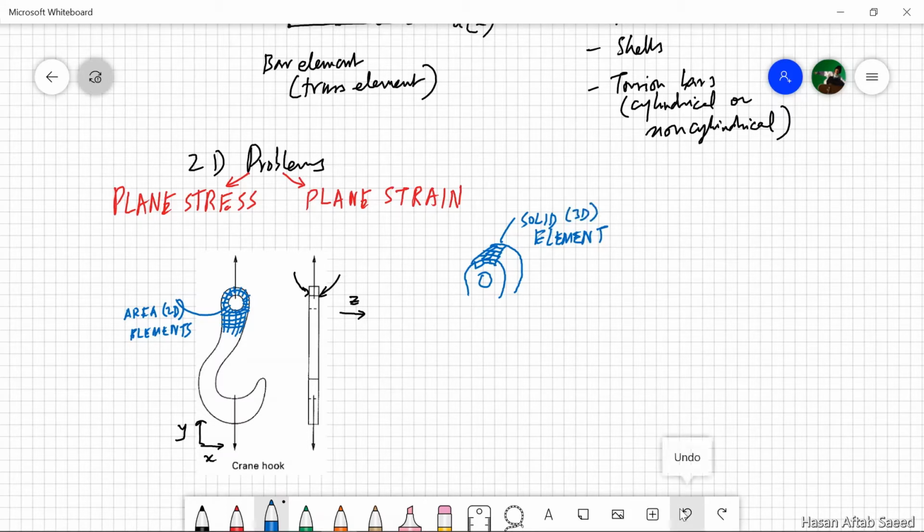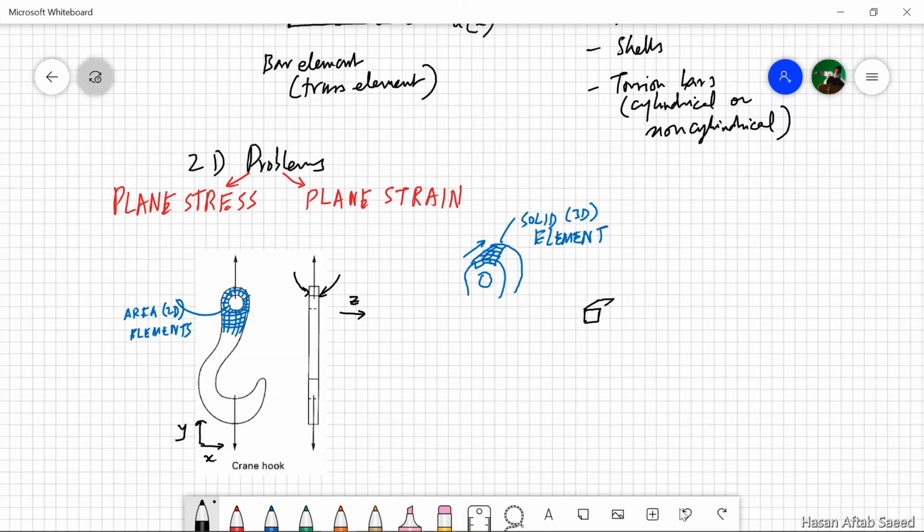Now, furthermore, you would have needed some 3 or 4 elements in this direction, at least, because there's something called aspect ratio, and you'll become familiar with this as you do some analysis.